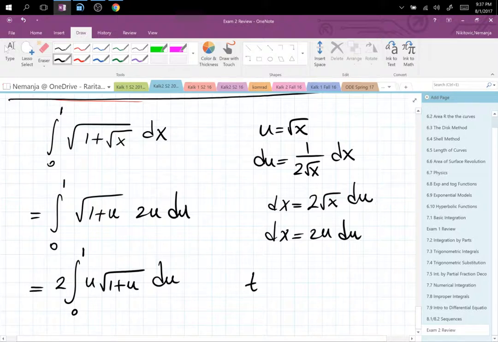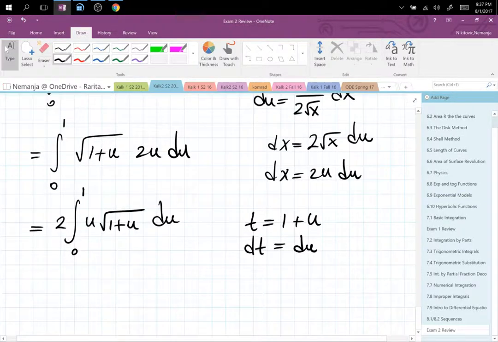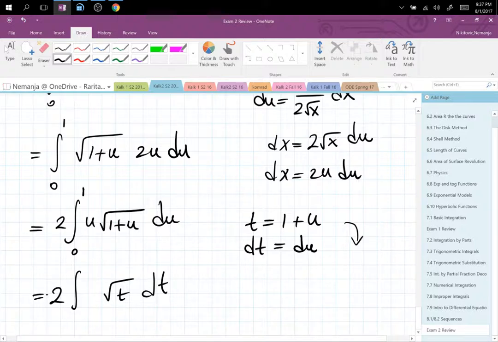Let t be 1 plus u. So dt is du. And when you plug everything in, you have a square root of t and a dt, but the problem is this u over here. This is a double back substitution problem. u is t minus 1.